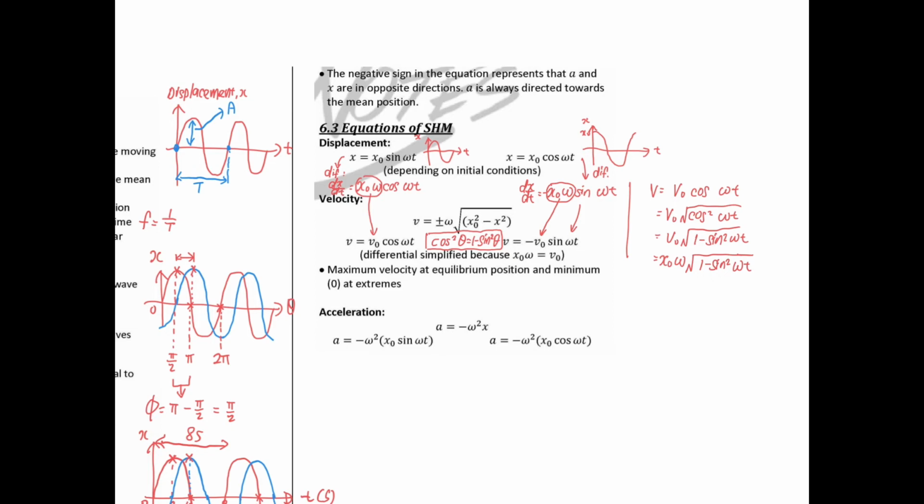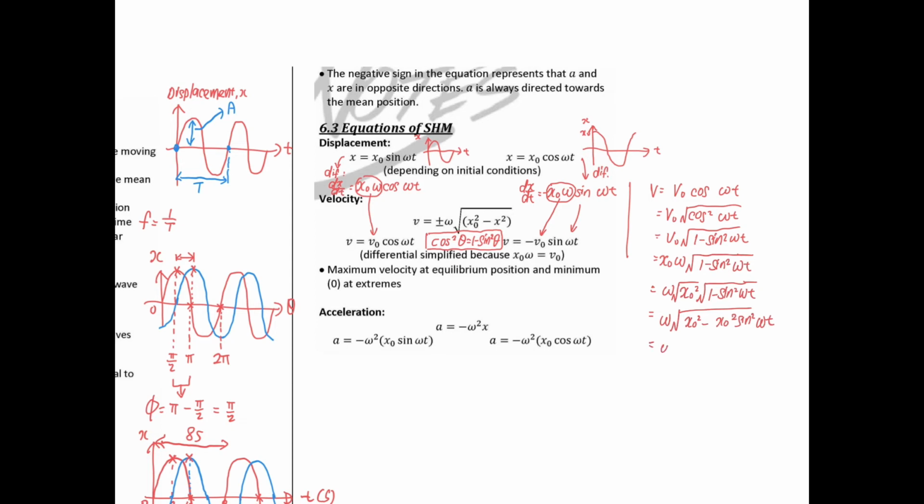Now the omega I leave outside, but the x naught I change to x naught square and square root, so that I can bring it into the square root there. So now we get omega times the square root of x naught square minus x naught square sine square omega t.